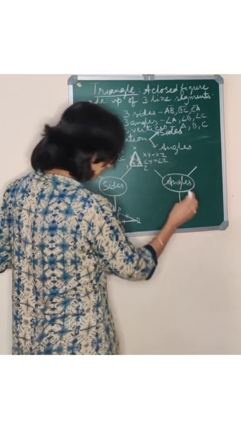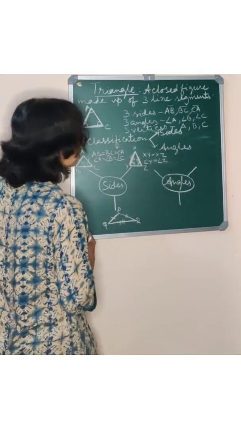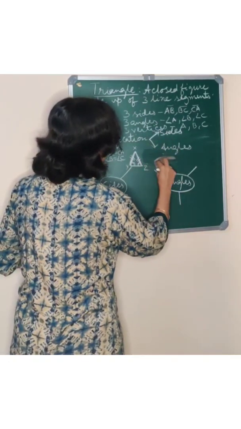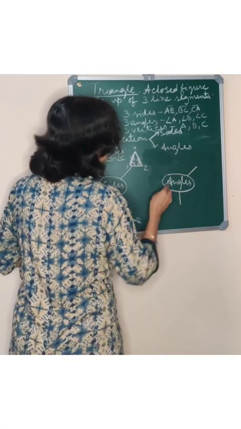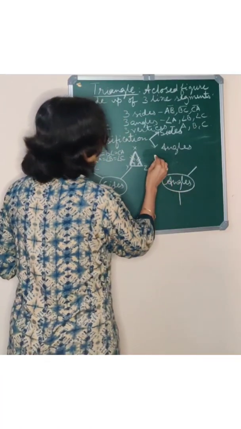Now we will do the classification of triangles based on their angles. The first one is the right angle triangle.